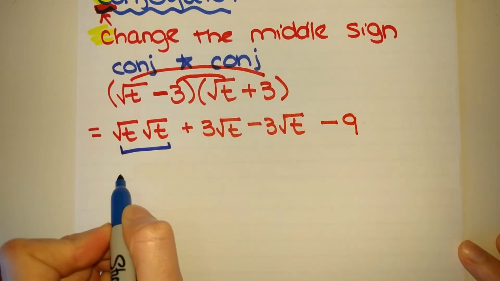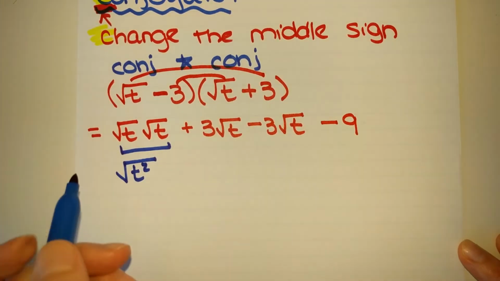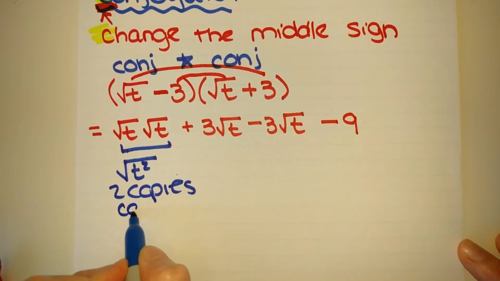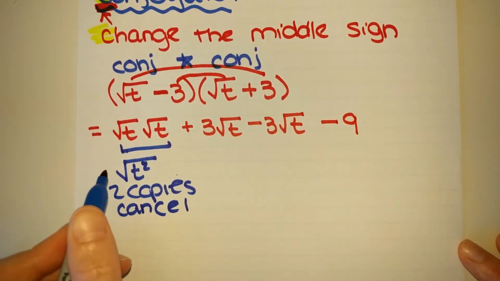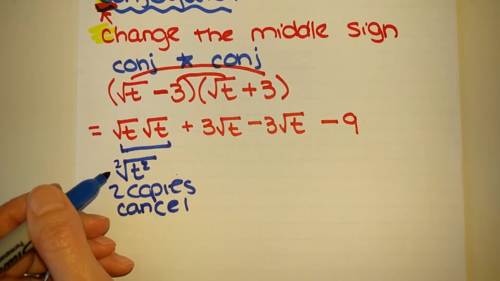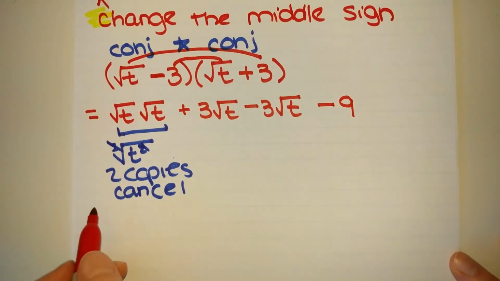Remember that that is the same thing as the square root of t squared. So these 2 copies of the same square root, they are going to cancel out. And you can see that when you rewrite it as the square root of t squared, because a square root has an understood index of 2, the t squared crosses out. So these 2 copies cancel and we just get t.